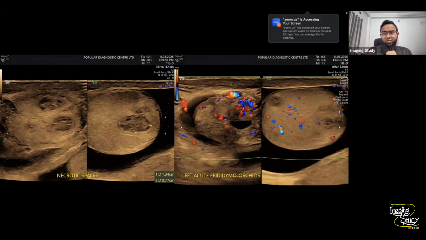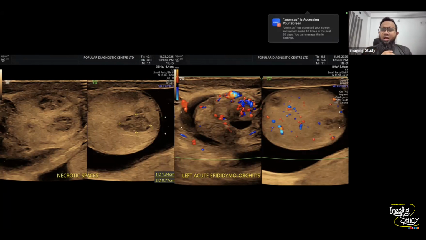It's quite good vascularity here. But for the testis, is it okay? Usually in your machine setup, there are some different presets. You have to understand in which preset you may see the best vascularity in case of torsion or in case of high vascularity states. It will help you to understand the situation.